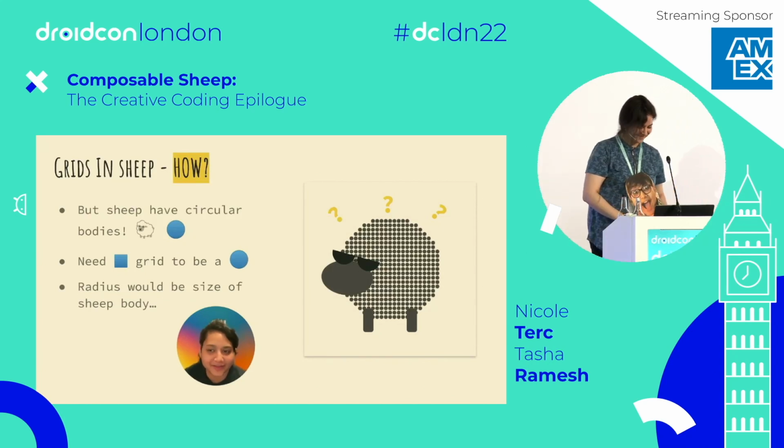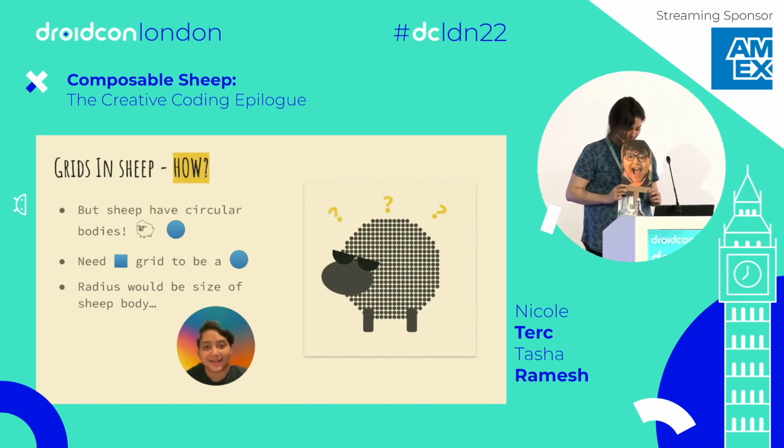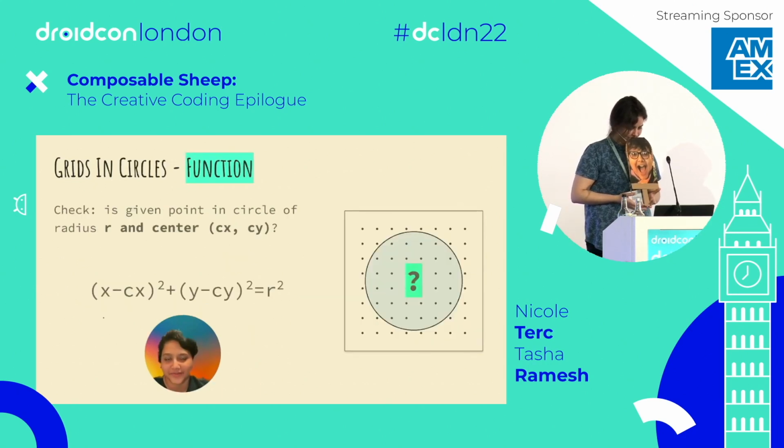They're round and fluffy. So if we could just put the grid in a circle and make the grid as wide as the sheep's body, we'd be getting closer to our goal of representing the sheep's fluff as a grid. So here's math to the rescue again. Turns out there is a function that will tell us if a given point at an xy coordinate falls within a circle of a given radius and a center.